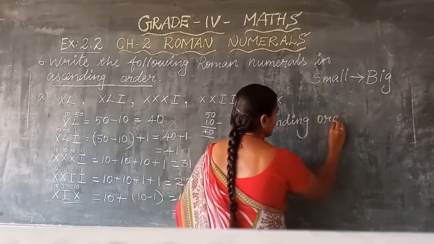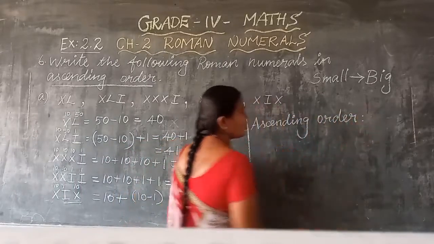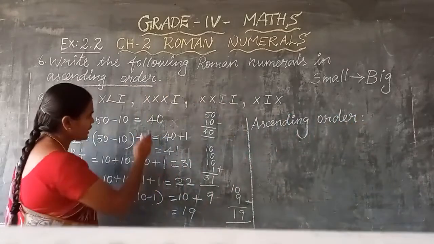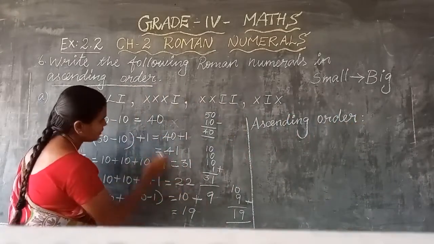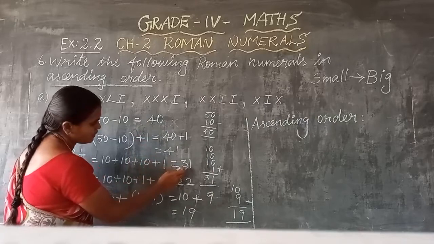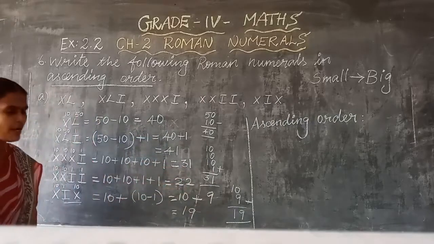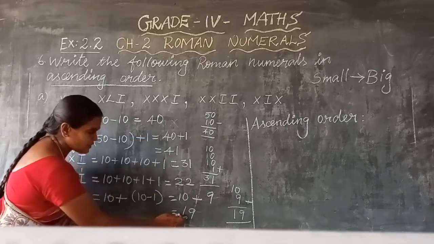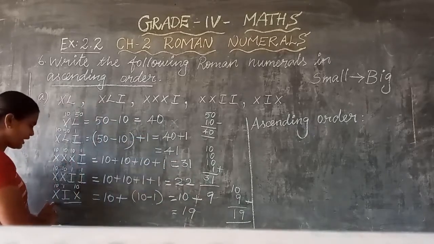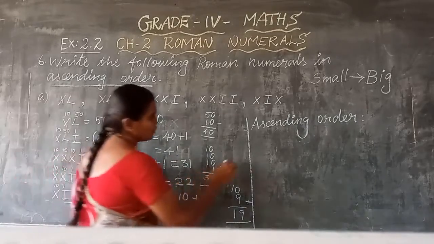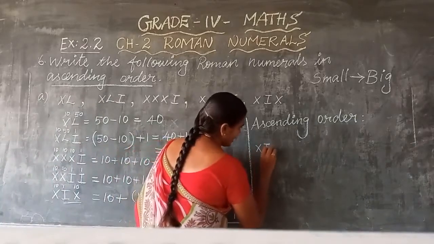Ascending order means small number to big number. See here, which is the small number? 40, 41, 31, 22, 19. Here which is the small number? 19. What is the Roman number for 19? XIX.